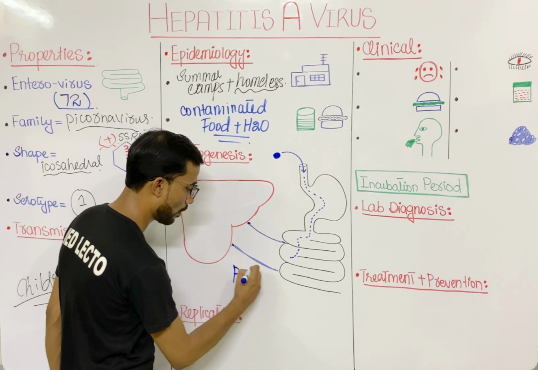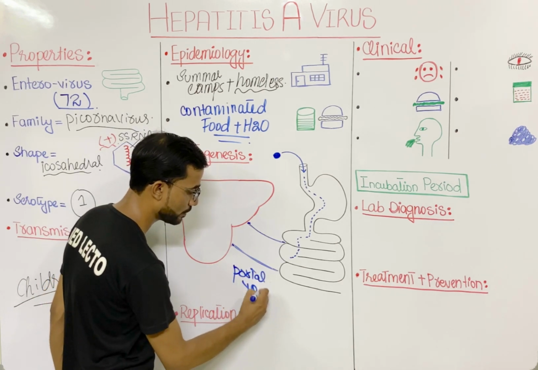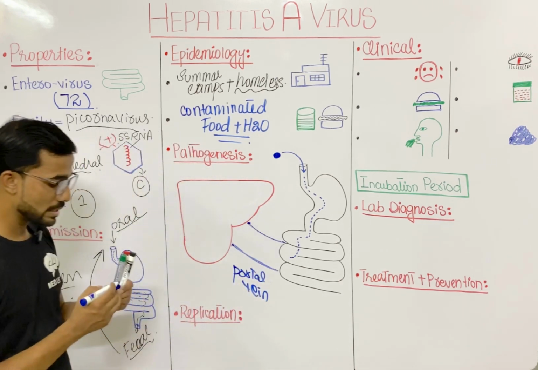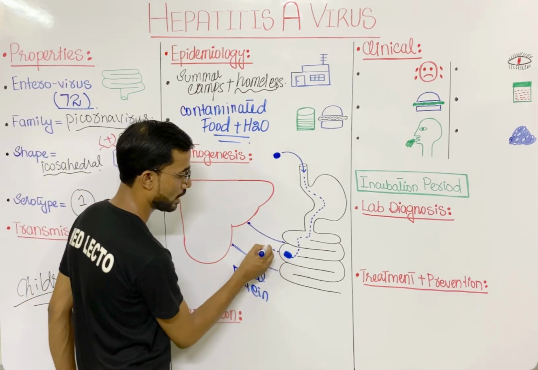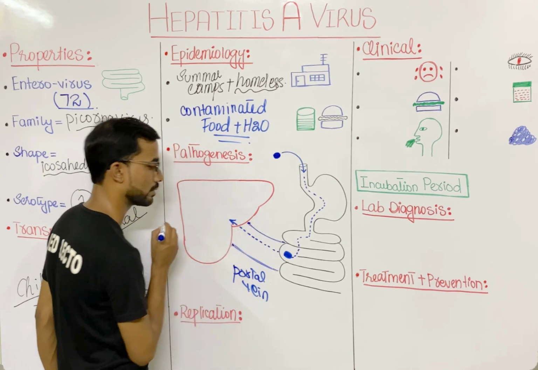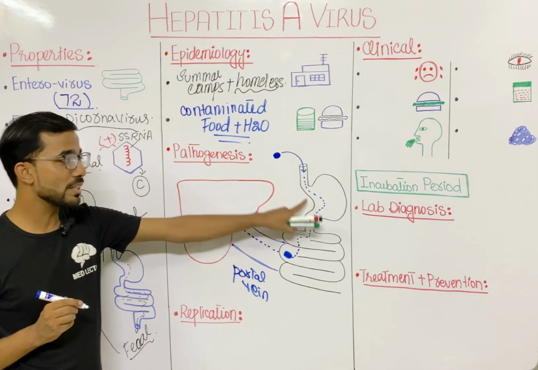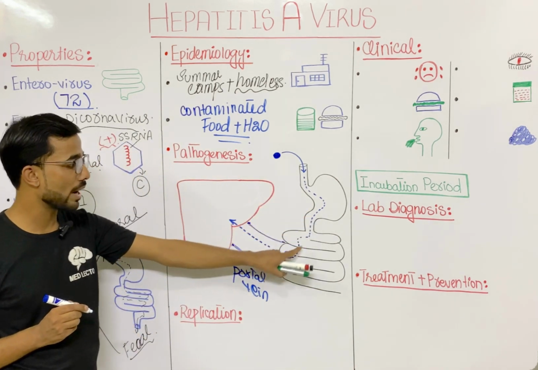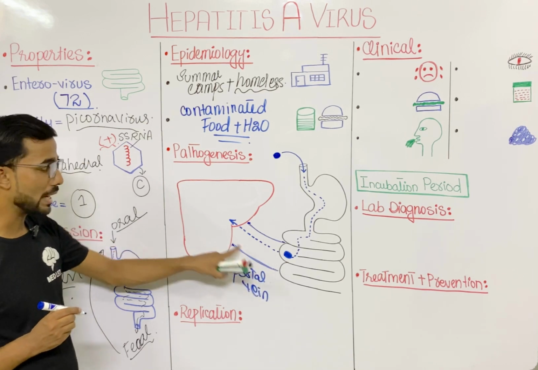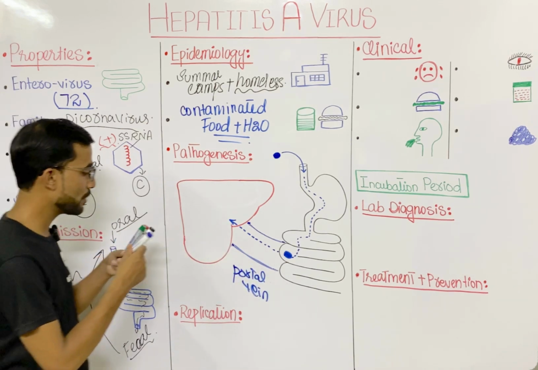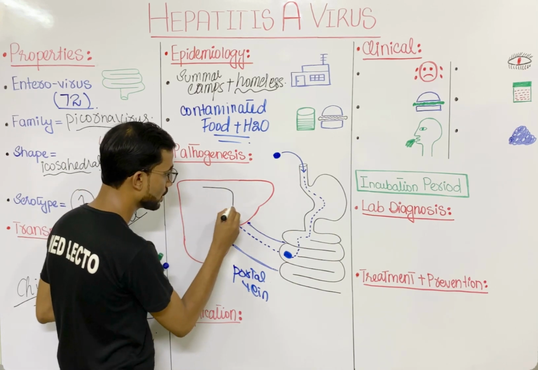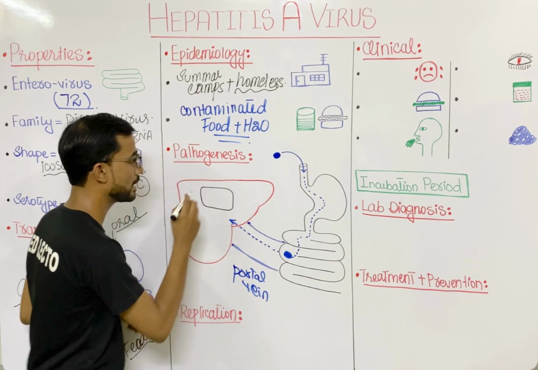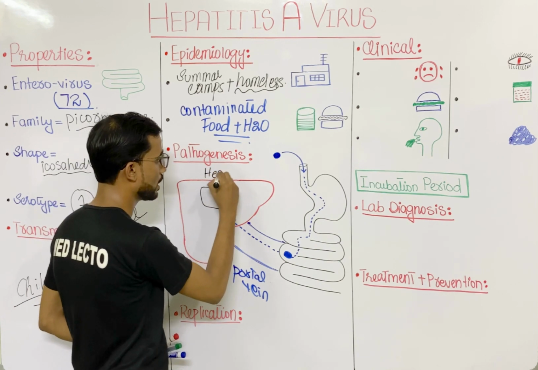Okay, portal vein. That vein enters into the liver. So now, from the GI tract, hepatitis A virus from the portal vein enters into the liver. Okay. So if I say that here is the cell of the liver, meaning hepatocytes.